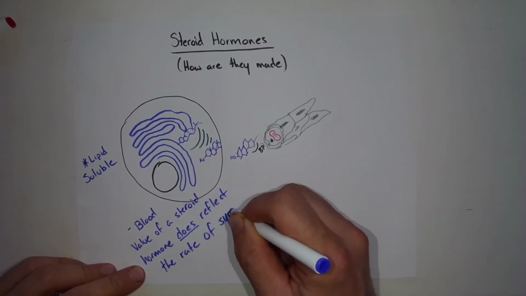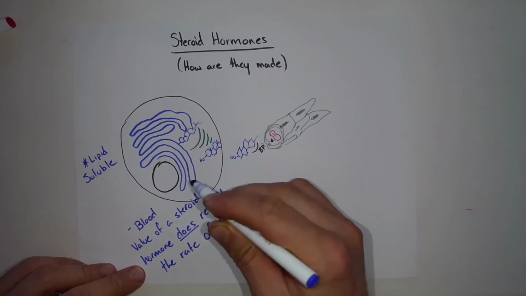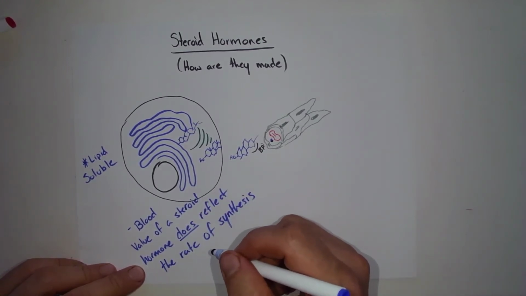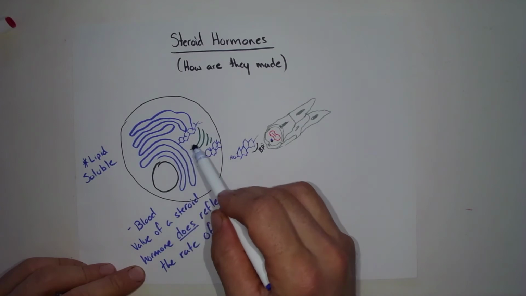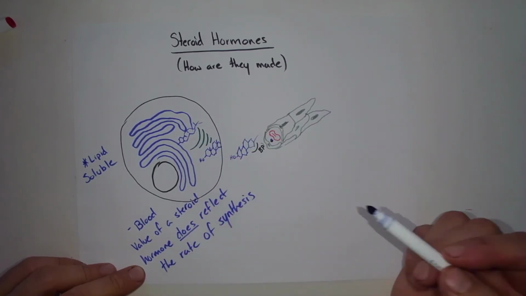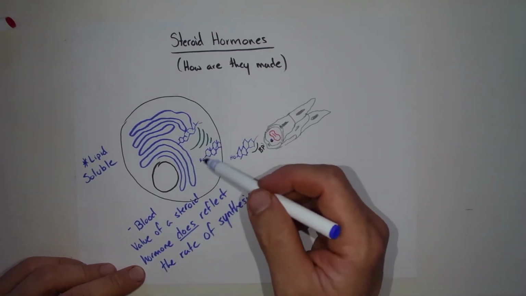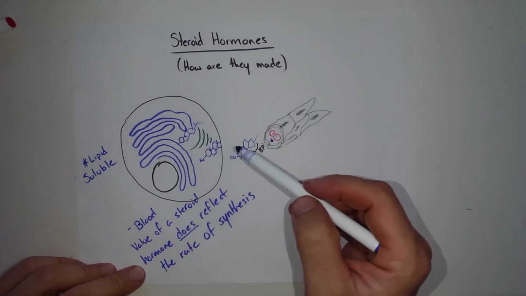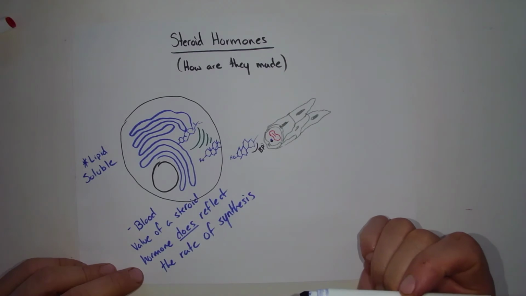How much and how quickly the cell's making that steroid hormone. If it makes more of it, it's going to make its way into the bloodstream. Whereas amino acid-based hormones can be stored, steroid-based hormones cannot.